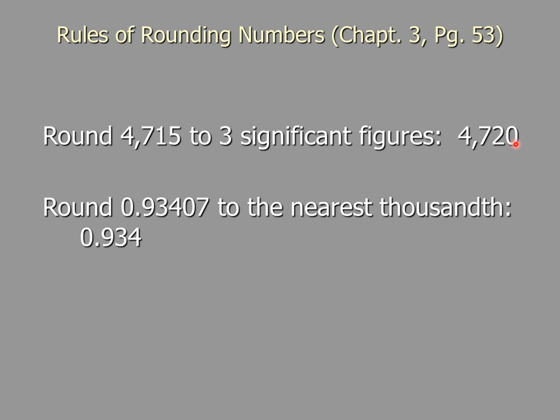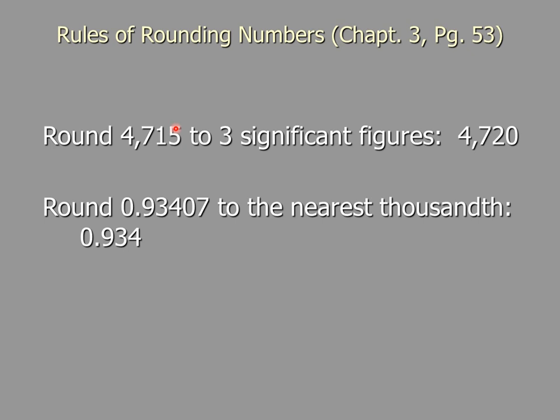So if I do that, since the digit I'm making 0 is 5 or more, then I have to increase the last digit before that by 1. So what I did is I changed this 1 to 2, because I'm ignoring this 5, meaning I'm replacing this 5 by 0.